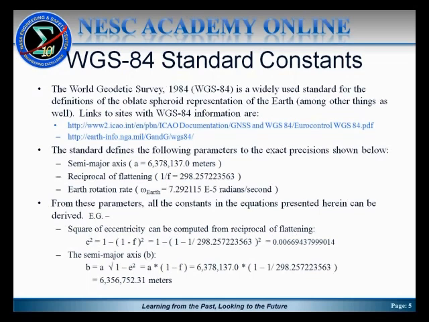And if you work the math out, you'll see that you get the number as shown there. The semi-minor axis length B can be computed from the semi-major axis length A as B over A is the square root of 1 minus eccentricity squared. So again, carrying out that math, you get the semi-minor axis length B to the precision listed there.